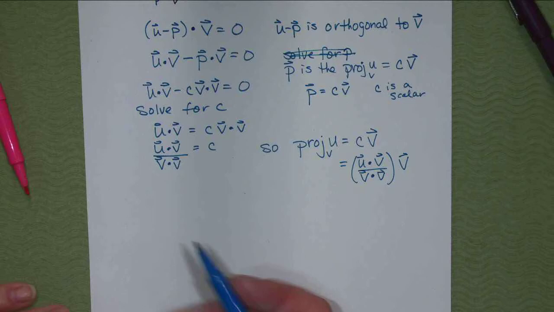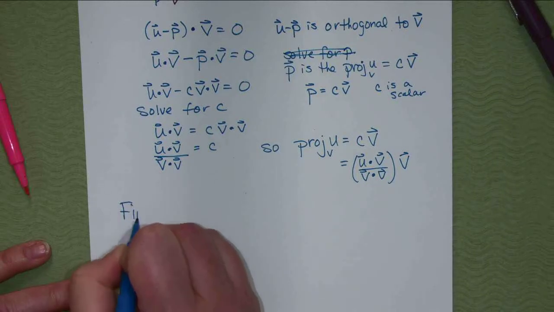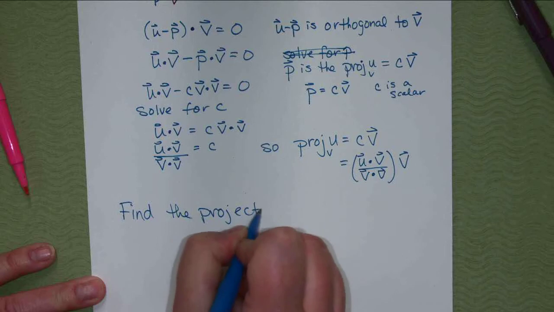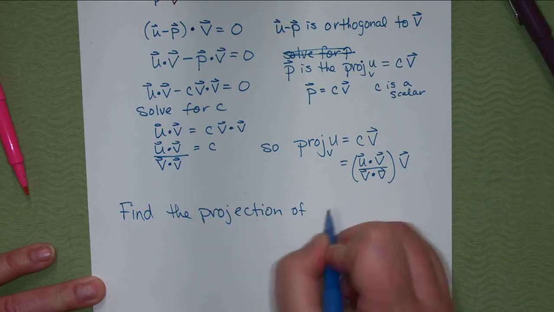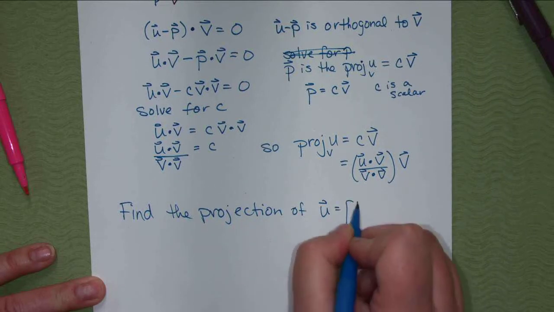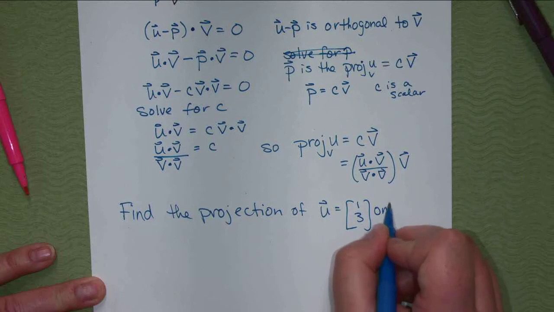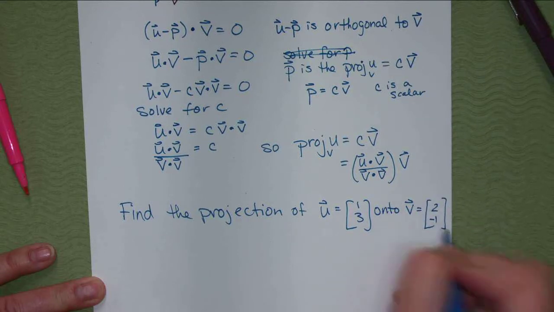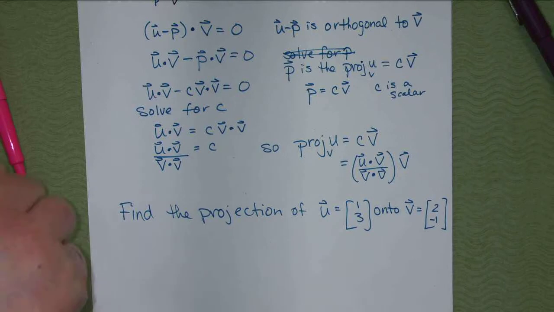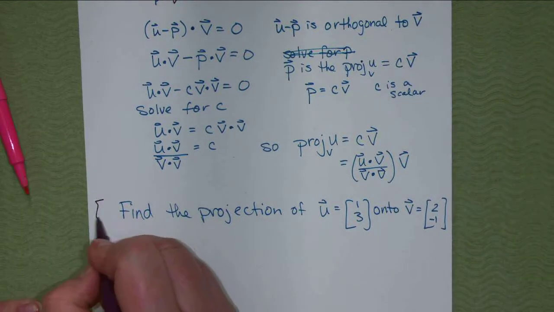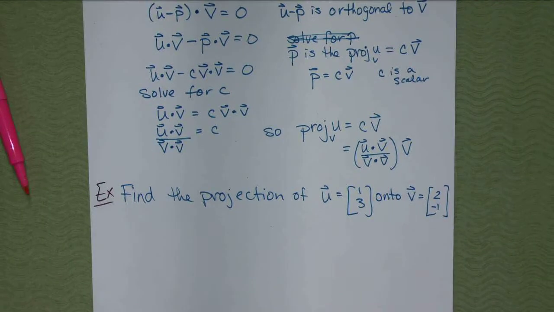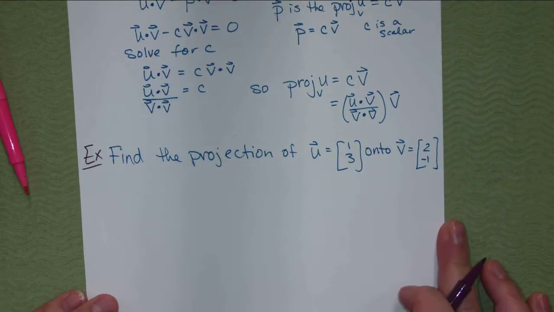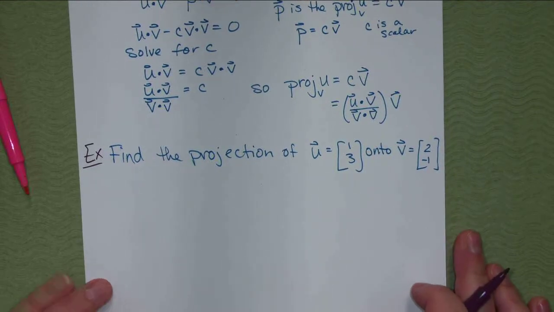All right, so find the projection of U onto V. We'll just do a formula first, then we'll ask all the complicated questions after. So it can be in R3 or R2, it doesn't matter.